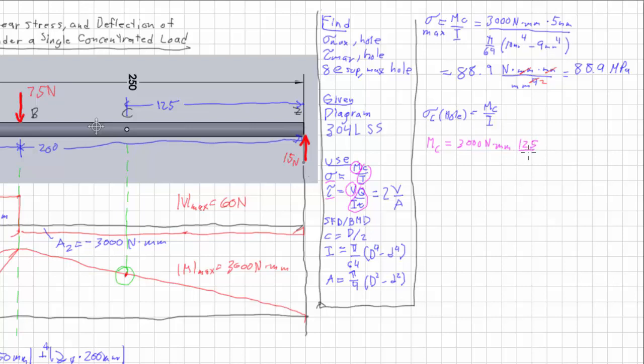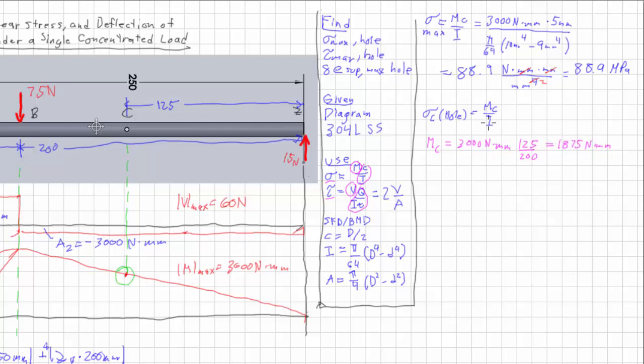And the total is 200. So it is 125 200ths of this value. If we got all the way from 0 to 200, it would be 3,000. If we were at 0, it would be 0. So it's this fraction of 3,000, which is 1875 Newton millimeters.